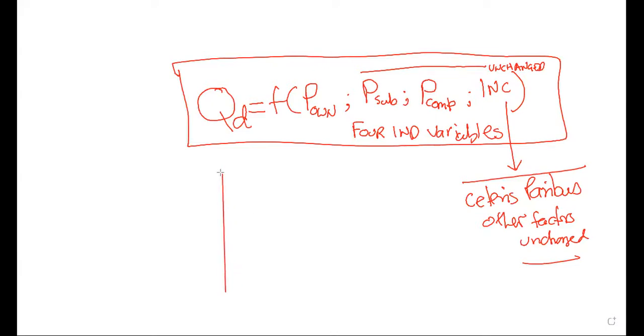So this is our x-axis, y-axis. So this is quantity. This is price.